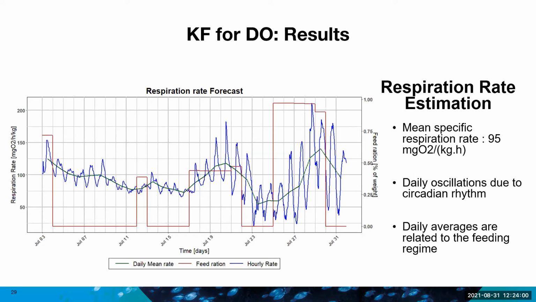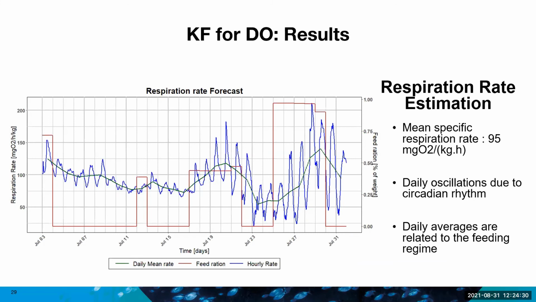And the second thing you can see is that if you look at the brown line, which is the feed ration with respect to the average weight of the fish, you can see the influence of the feed ration on the respiration rate. As I said before, I talked about the feed regime, we chose not to take it into account in the equation of the respiration rate, in order to simplify our model.